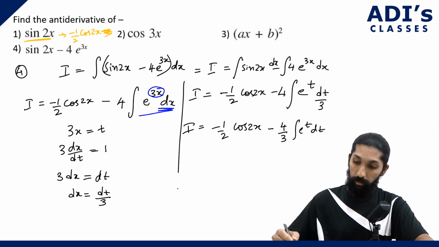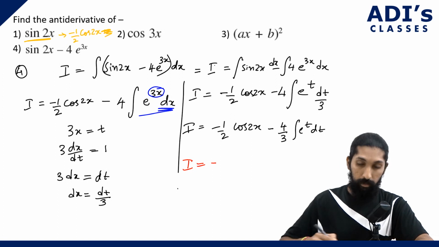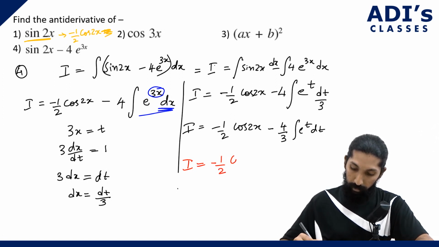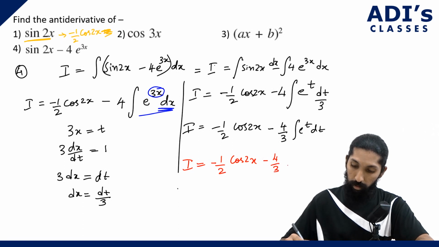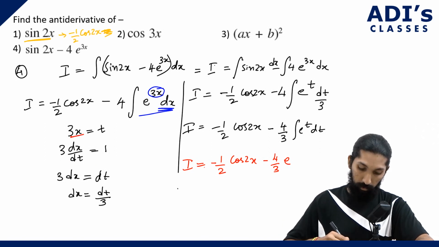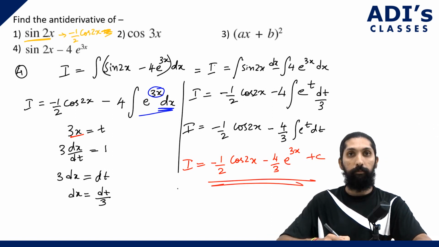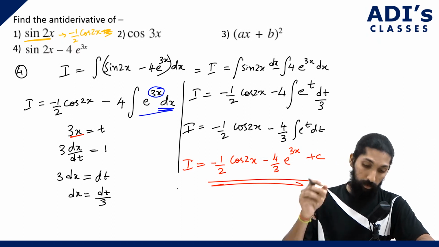So you'll end up with I, the final answer, I is equal to minus half cos 2x minus 4 by 3 e to the power of 3x plus c. Fair enough? So this is the answer for the fourth one.